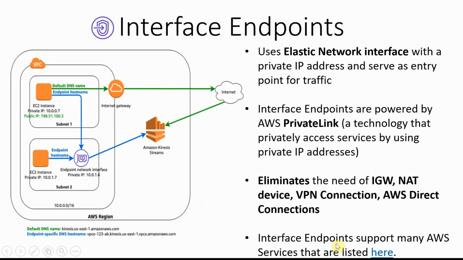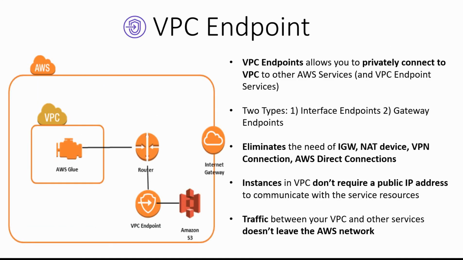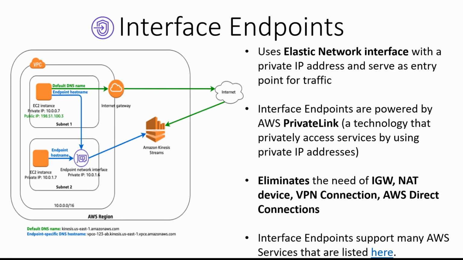And we saw that there are two types: interface endpoints and gateway endpoints. Again, very important from an exam point of view. They give you a scenario and ask which endpoint will be used. The difference is that interface endpoints primarily use an elastic network interface to connect.